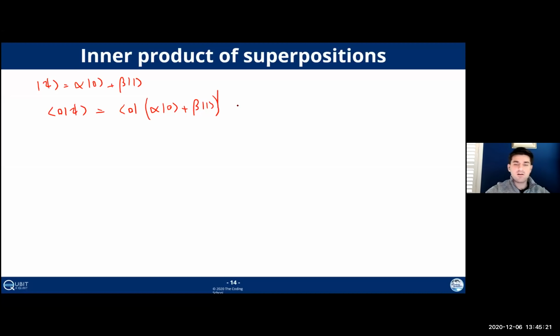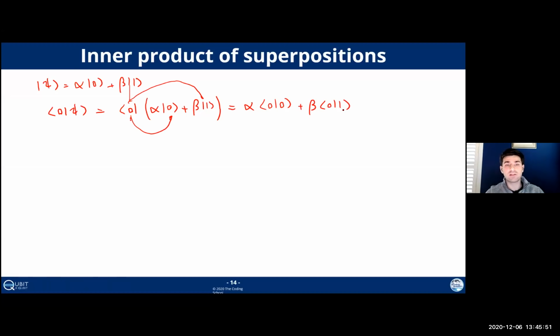And now here's where we use a property that's called linearity, and it's the linear part of linear algebra. If I have something like this, I can write it as alpha times <0|0>, so this bra 0 acts on ket 0 here, and also acts on ket 1, plus beta <0|1>.